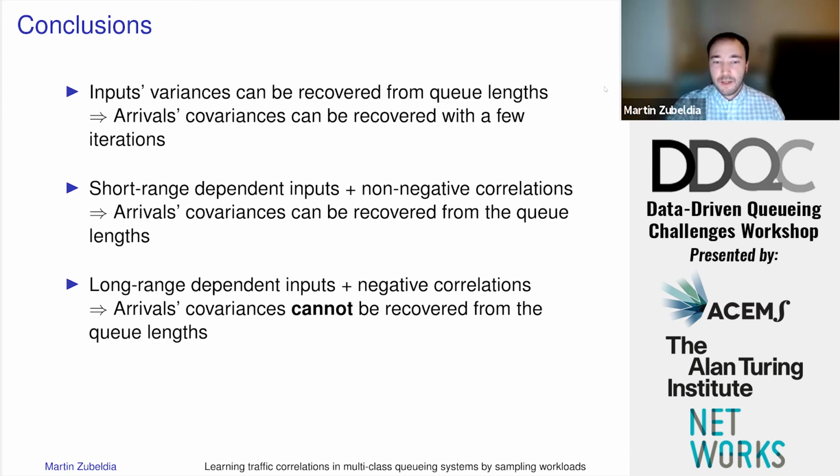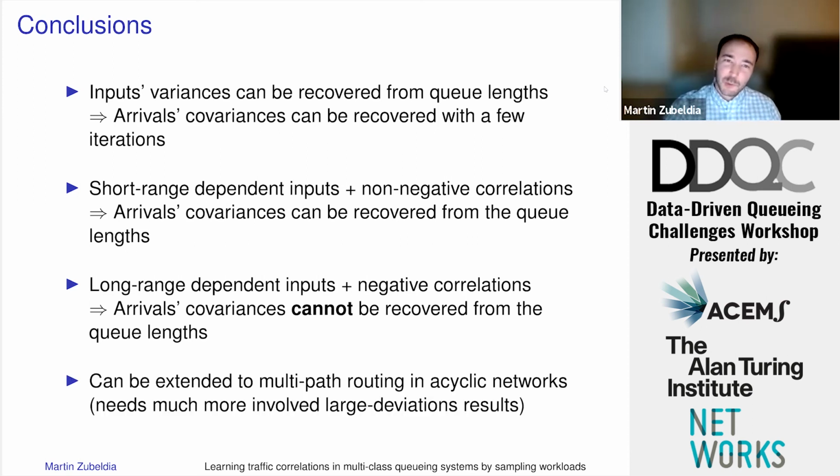And last but not least, all of this, which is essentially for a load balancing system, can be extended to multipath routing in acyclic networks. You just need way more involved large deviation results, which we happen to have in another paper with Michelle.